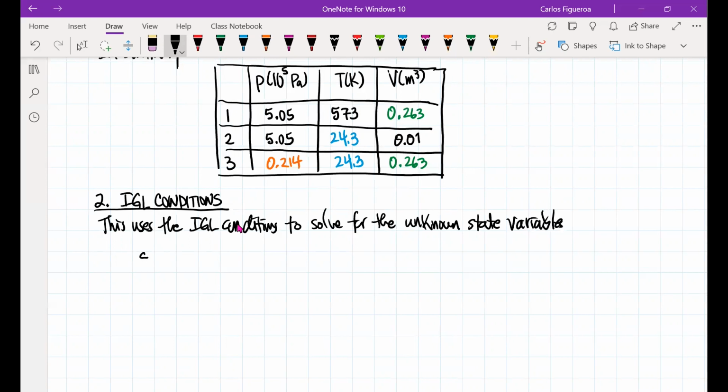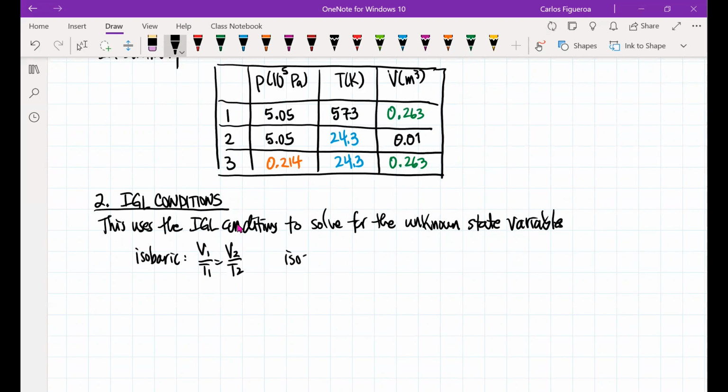So that means here is that if I have an isobaric, isobaric implies that I have V1 over T1 equals V2 over T2.